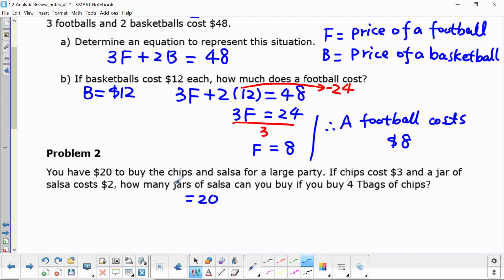So it asks you how many jars of ice can you buy if you buy 4 bags of chips. So this is more complicated. So you have $20, then $3 for chips, $2 for each jar, okay?